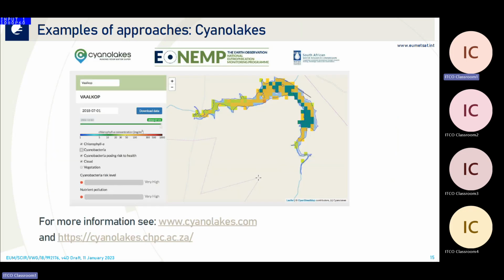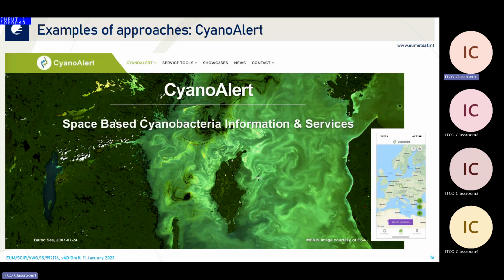Or one of the colleagues of Haley, Matthews, also developed this alert for cyano blooms in lakes. And this is also an active warning for cyano blooms. Or also in the north of Europe, Brockmann Consult and other partners have developed the CyanoAlert, and they are still working on this type of products.